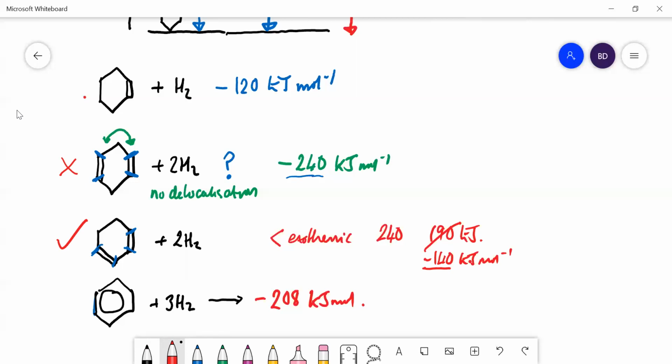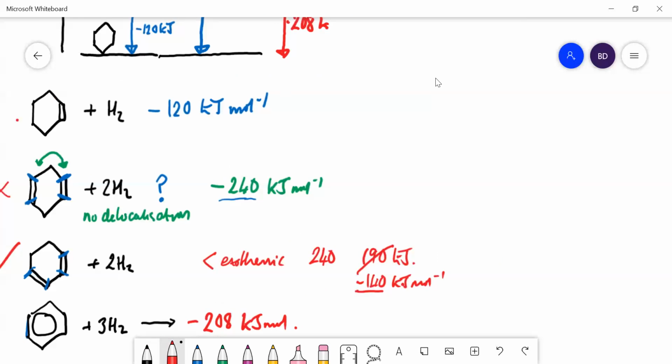Okay, so that's how benzene is more stable than you would expect it to be, and that affects its reactivity. We'll see in the next few videos, but just before we move on, how do you test for a double bond?